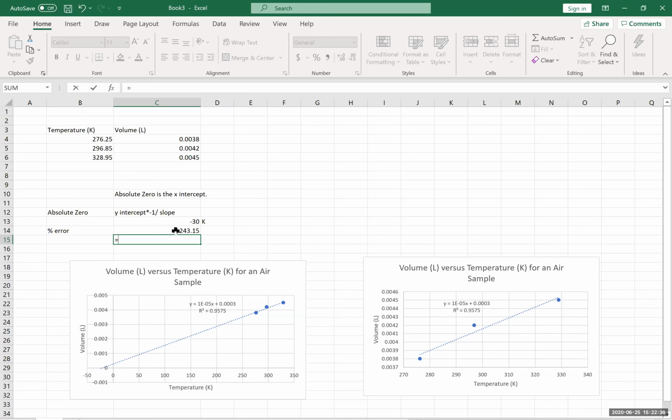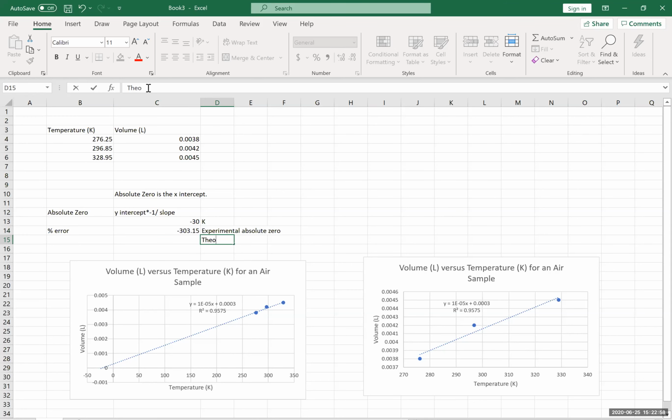So we're going to take 243 minus -243. Well, if we're converting from Kelvin to Celsius, we'd subtract. So we have -303. This is our experimental absolute zero.